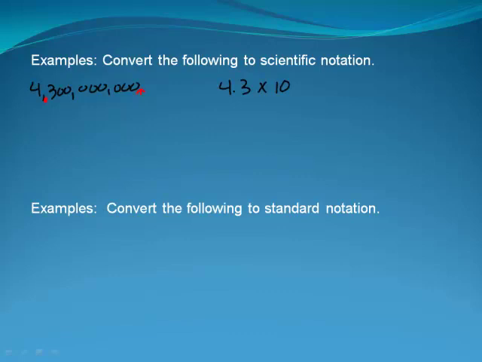So we would have to move 1, 2, 3, 4, 5, 6, 7, 8, 9 places to the right, which means a positive 9 exponent. 4.3 times 10 to the 9th is the same as that original number in standard form.